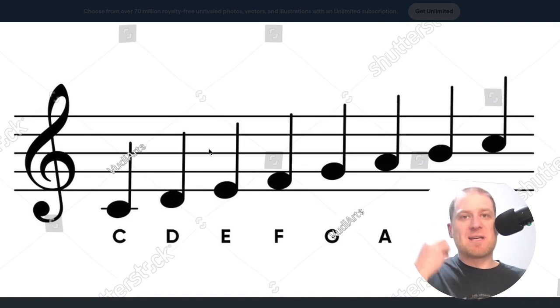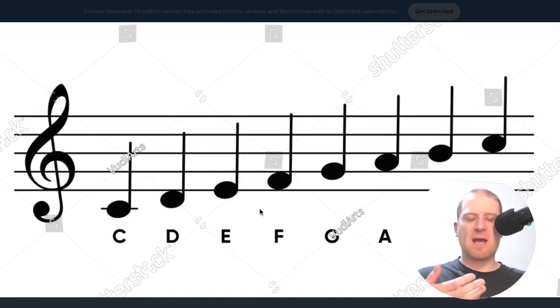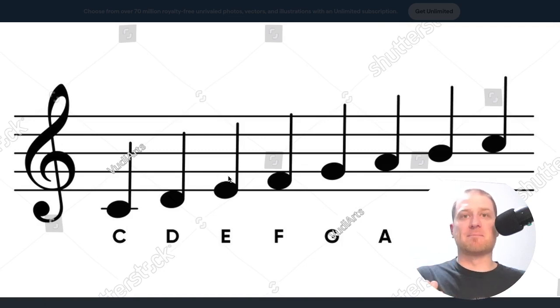So what I like to do, here's the hack. Any note that I pick, or any note that I see on the piece of music, if I then see this note as the next one to play, well, this is the very next location that a circle could be placed after this line, because again, we go up line, space, line, space, etc. So if you have a note in the middle, let's say you have here E, then instantly your brain should know the note below it and the note above it.